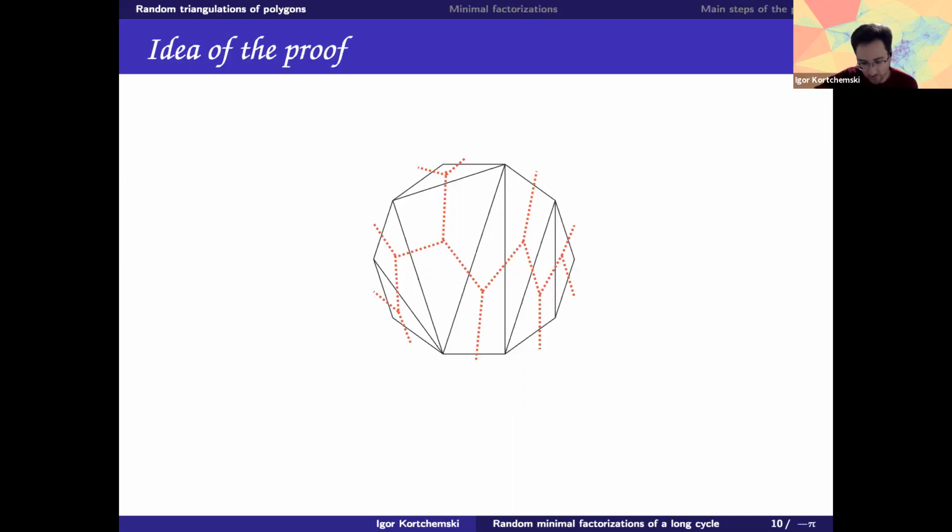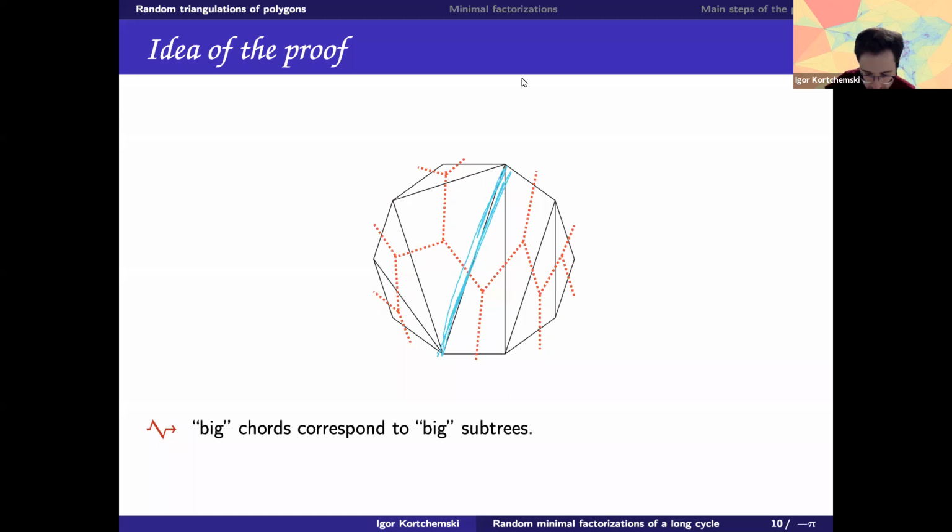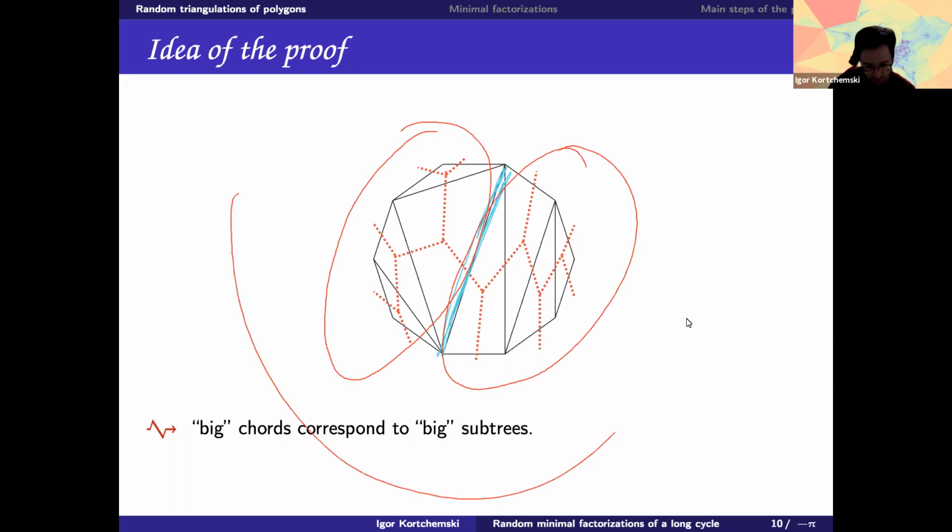This is very natural. And something which is important to keep in mind is that big chords correspond to big subtrees. For example, if we look at this chord, it splits the tree into two big subtrees. So big chords are in sort of correspondence with big subtrees.